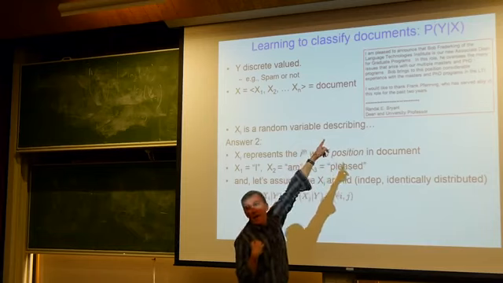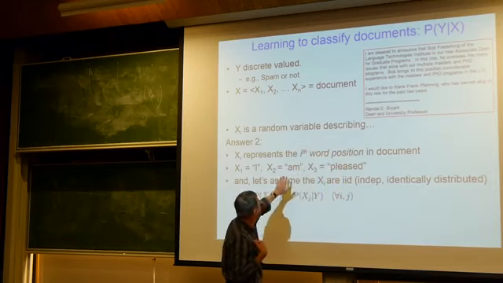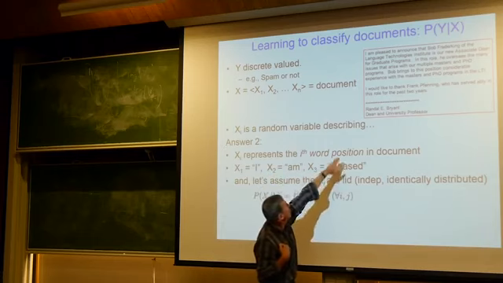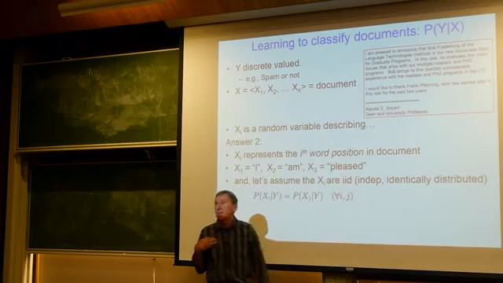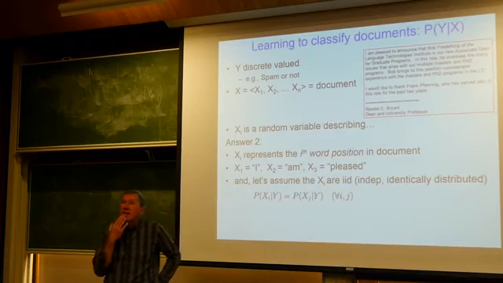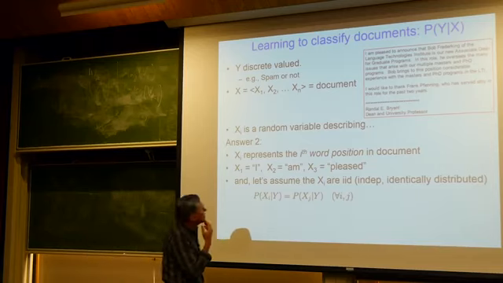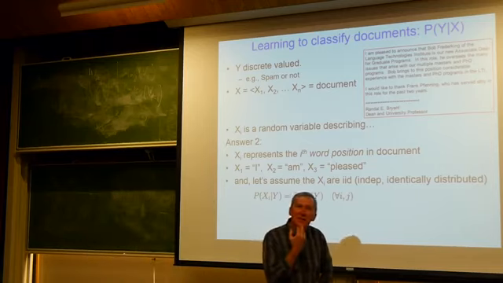So x sub 1 would be I, x sub 2 would be am, x sub 3 would be pleased, and so forth. That's kind of interesting.